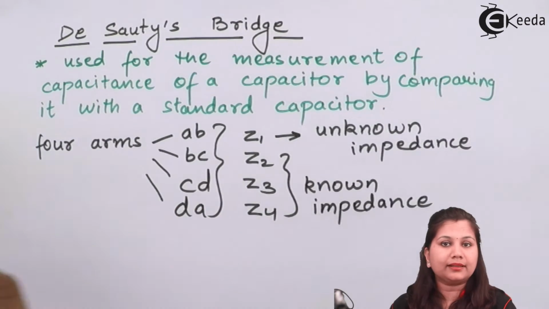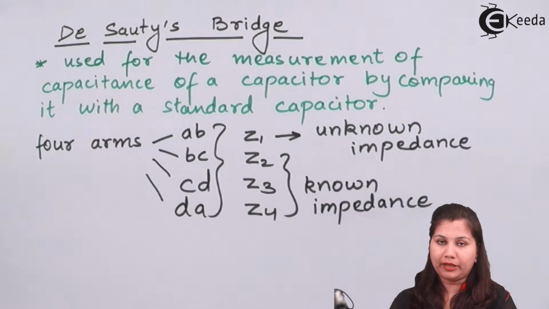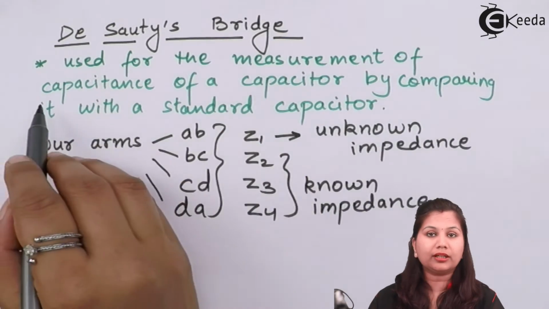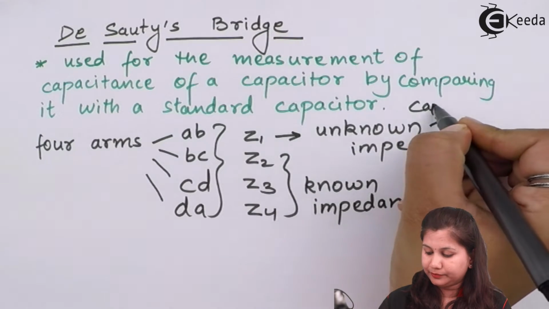Unknown impedance is the electrical parameter which we want to measure. So here we want to measure the capacitance, so the unknown impedance will be a capacitor.